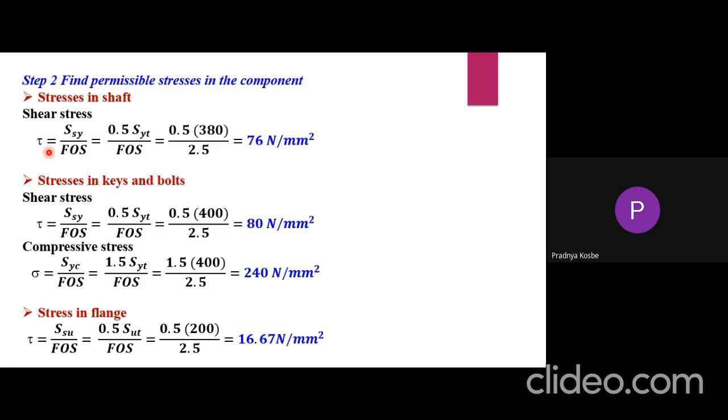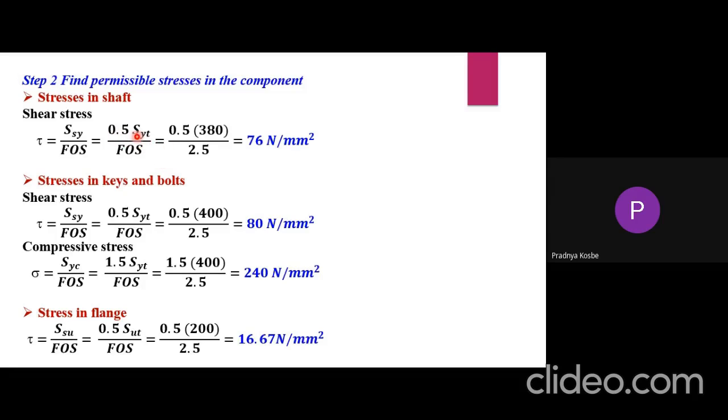So tau is equal to shear strength under yield, that is SSY, divided by factor of safety. It is 0.5 times SYT divided by factor of safety. SSY is 0.5 of SYT.